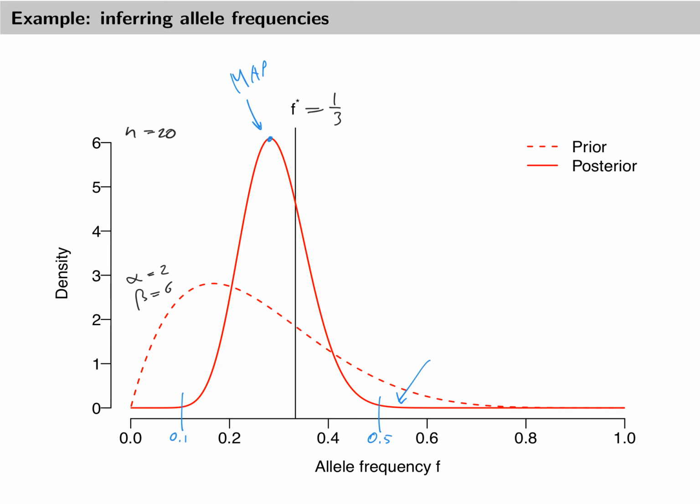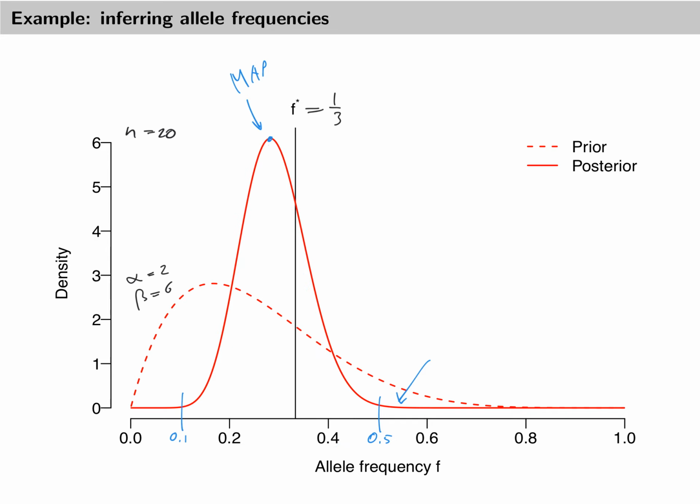In fact, the probability that the true value is within any range of the posterior distribution, for example between 0.2 and 0.4, is given by nothing else but the integral of the posterior distribution over this interval. So this area under the posterior here gives us nothing else but the posterior probability that the true value of f lies within 0.2 and 0.4. We can therefore easily calculate our confidence for any interval of choice.